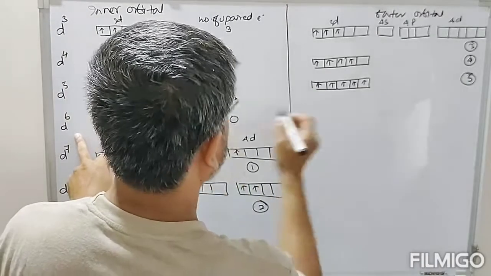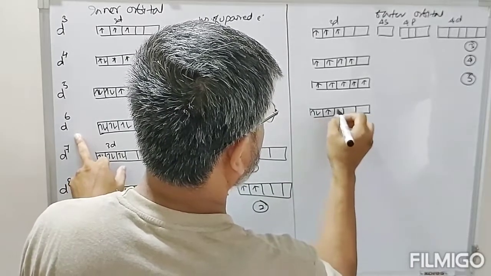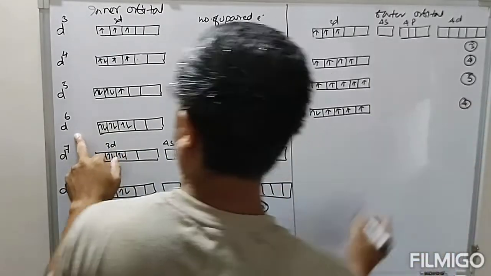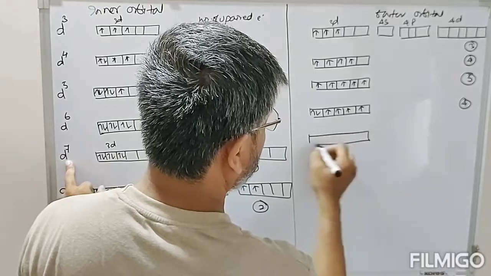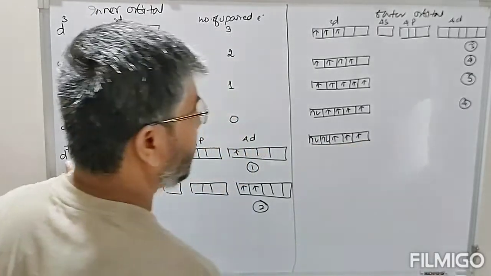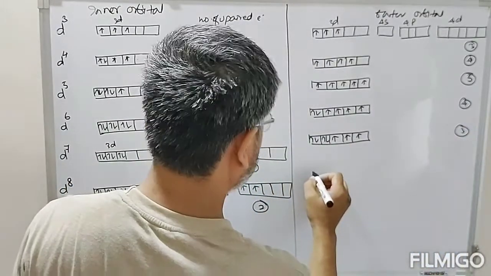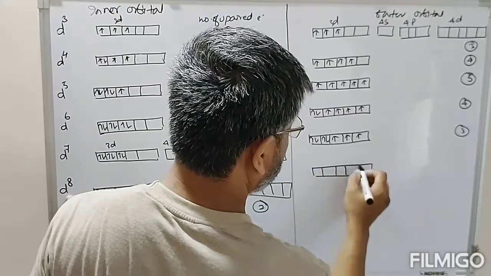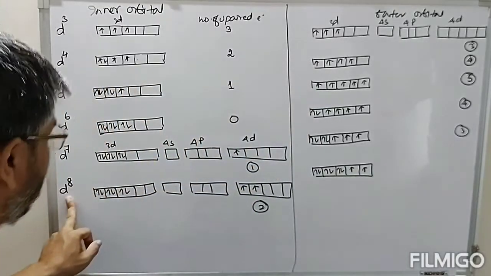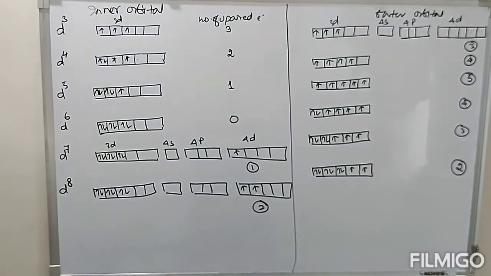D6: the 6 electrons will be pairing up here, so the number of unpaired electrons is 4. D7: the 7th electron will undergo pairing, so the number of unpaired electrons is 3. D8: the number of unpaired electrons is 2.